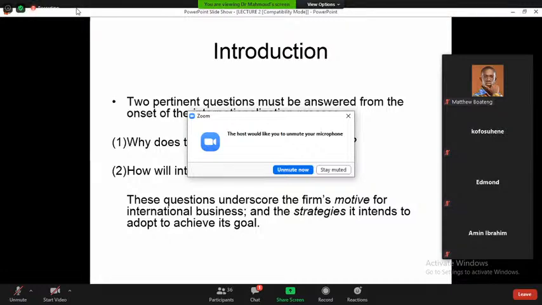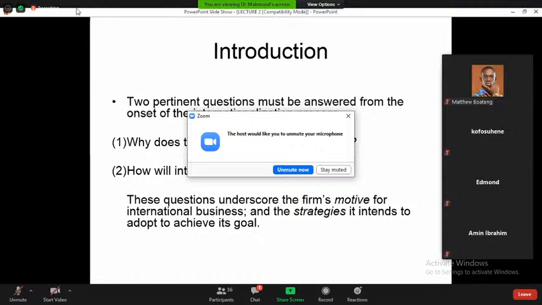Then number two, the second question that you need to answer is, how will internationalization be achieved? These are the strategies, the tactics. How do you get there? The mode of entry, the strategies.